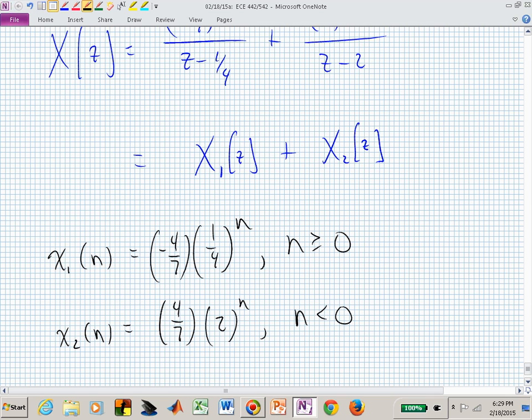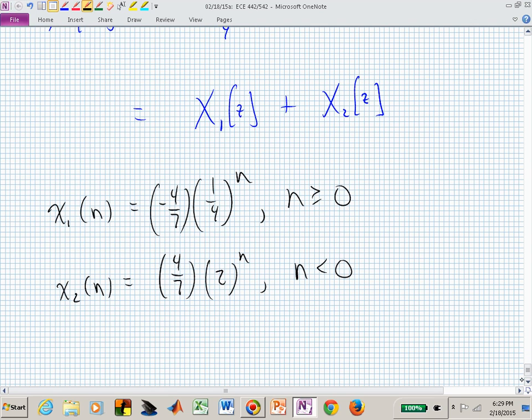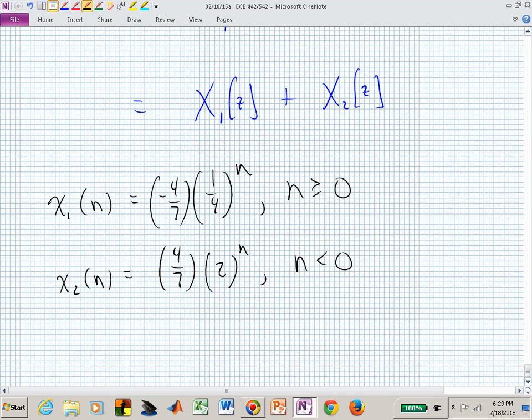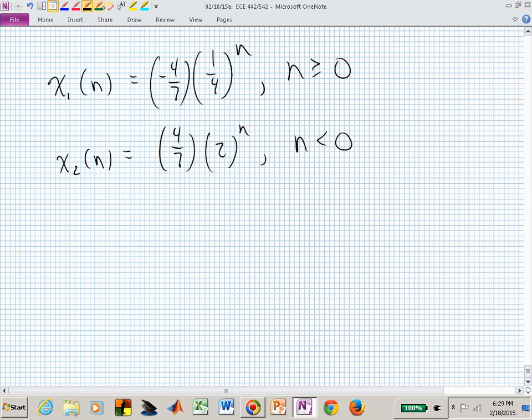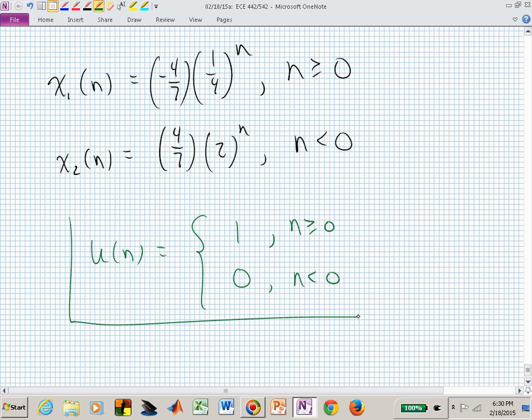And we could write this many different ways. One thing that we might start getting used to, and I will probably use this multiple ways, is the unit step in the discrete time case, meaning 1 for n greater than or equal to 0, and 0 for, yeah, that's right.